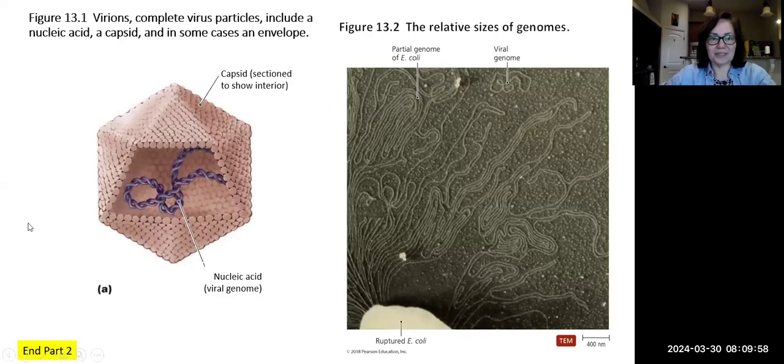So here's a cartoon on the left showing nucleic acid. This would be the viral genome. In this case, it looks like it's double-stranded DNA. And then there's some protein coat. Usually it's the same protein repeated again and again. And again, look, do you see ribosomes? No, this thing cannot make its own protein.